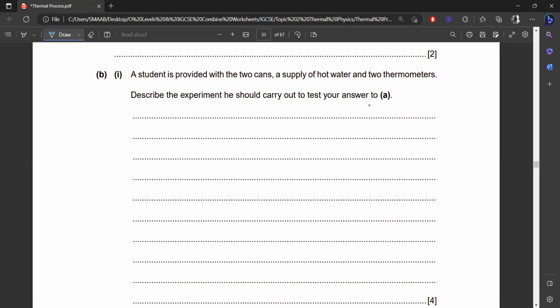So first of all, we have to pour hot water in both containers at the same level, right? So we fill both cans at the same level with hot water.